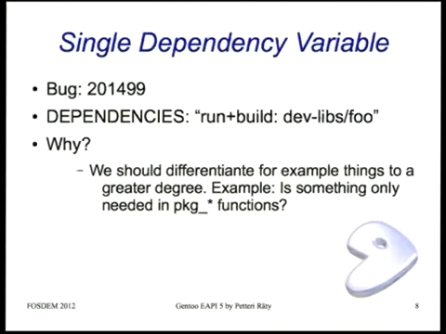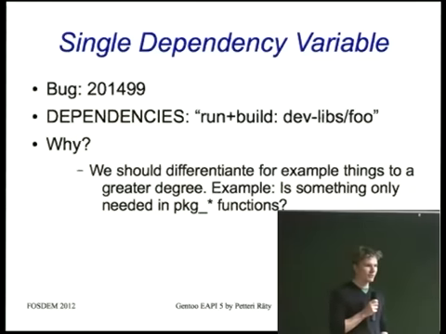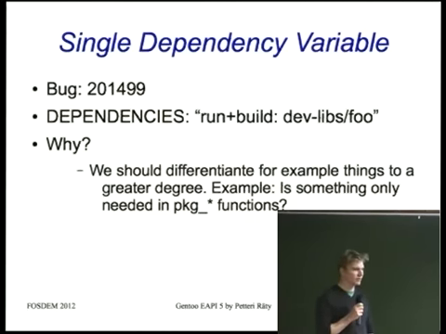Exherbo, I think, does this already, but to get rid of the, currently there are two variables, actually three, but two main variables: build time DEPEND and RDEPEND for runtime dependencies, and then a special circular dependency breaker called PDEPEND, postdepends.